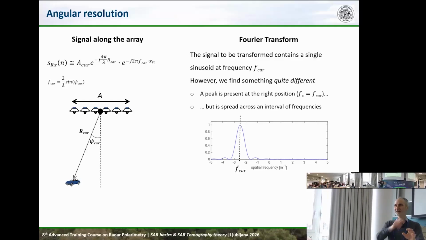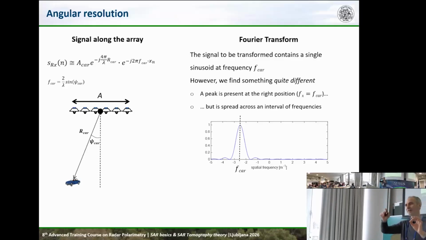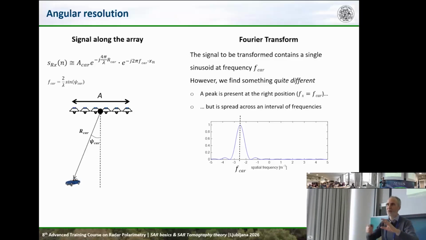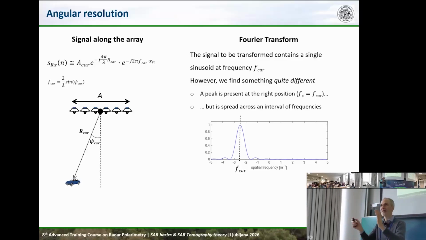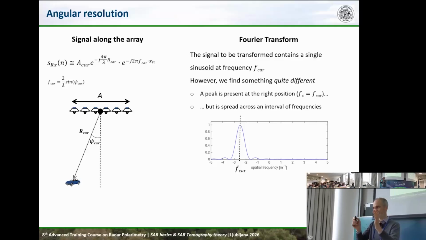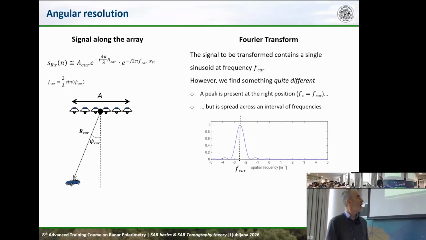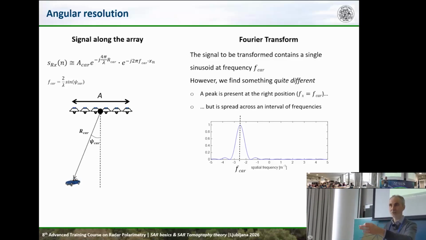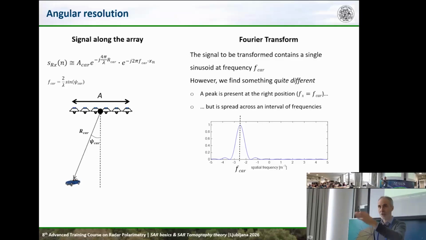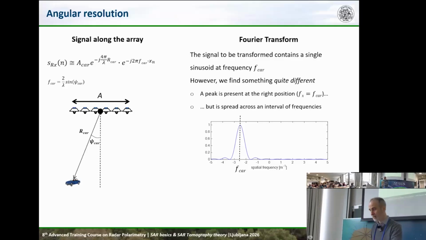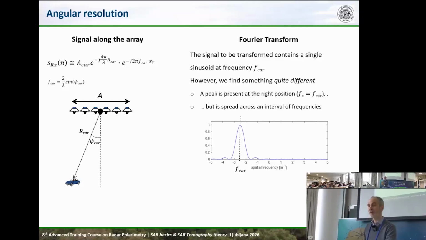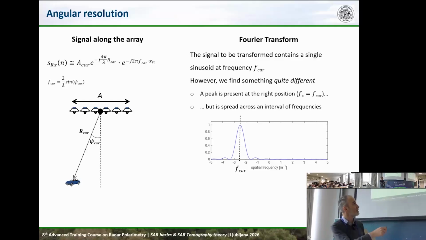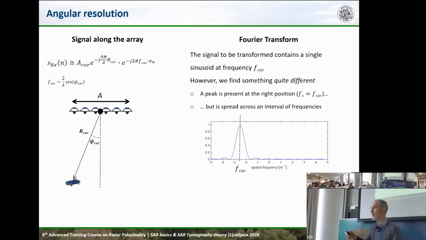We find a peak with some bandwidth, so it spreads a little bit across the frequency axis. It peaks at the right position, so this maximum corresponds to the actual spatial frequency of the car, but you see that it's spread across a certain interval of frequencies.